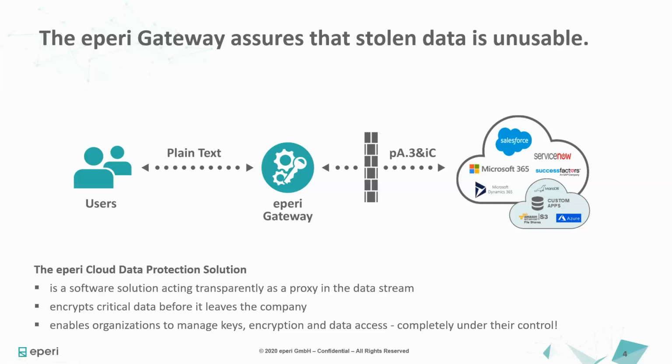This is valid not only for hackers, but also for Microsoft themselves and also for US law enforcement agencies that might have an interest in looking into your data. So you are the only instance that is able to decrypt content that goes into the cloud. Nobody else can do that.